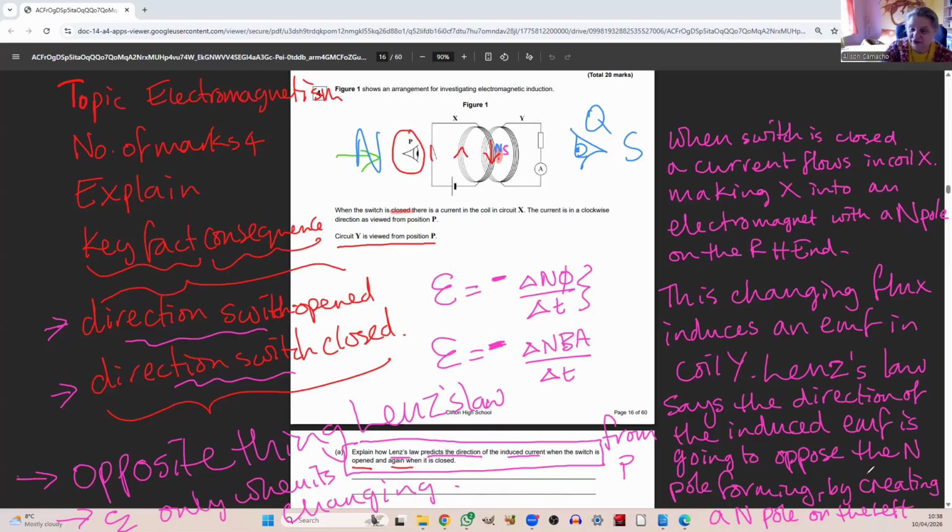Yeah, so it's going to oppose the change causing it.